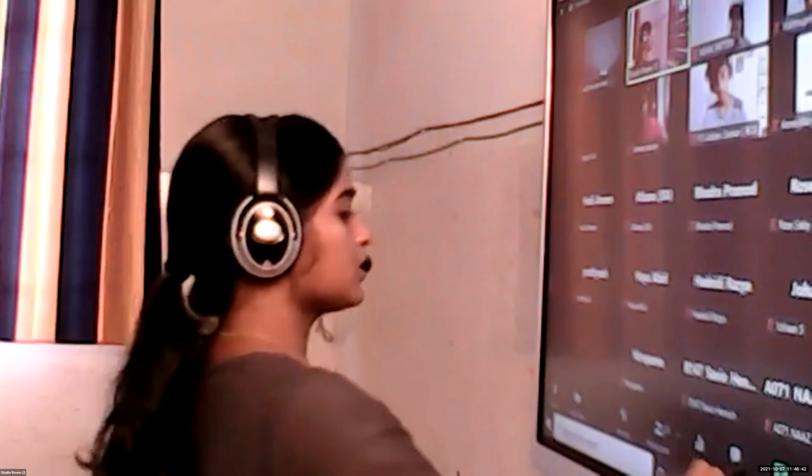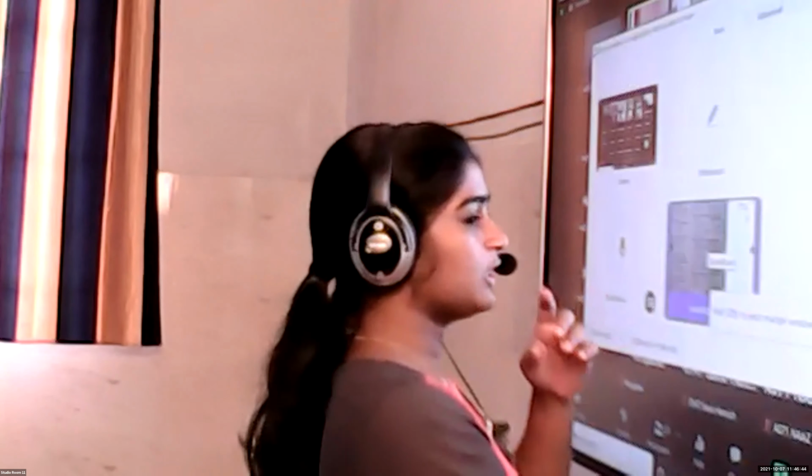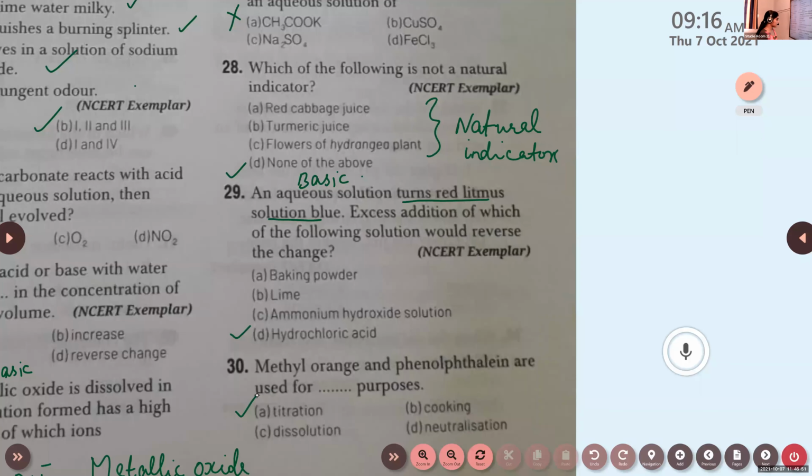Methyl orange and phenolphthalein are artificial indicators, or man-made indicators or chemicals. So these are used for titration purposes, to identify how much amount of acid is required to neutralize base or how much amount of base is required to neutralize acid. That is the titration process.